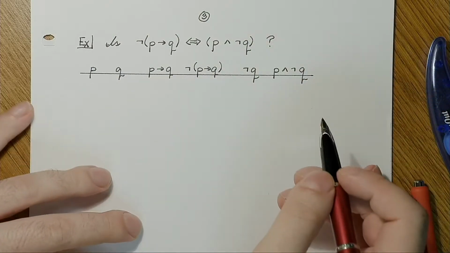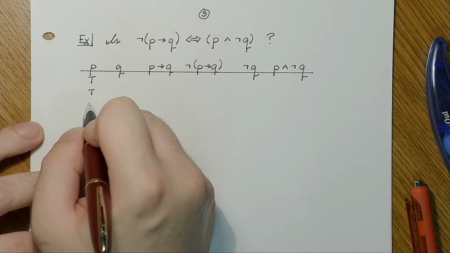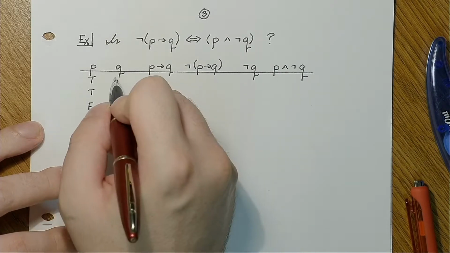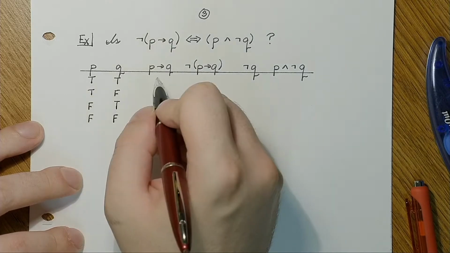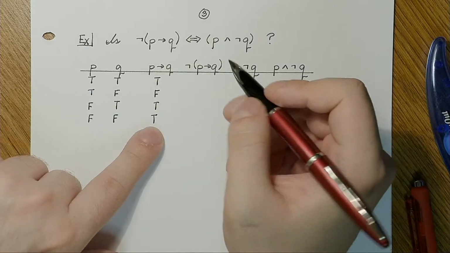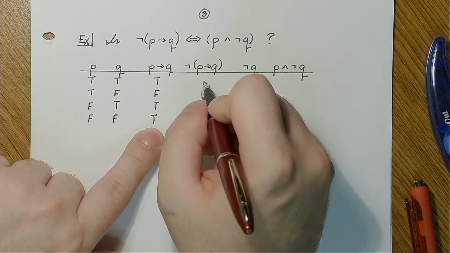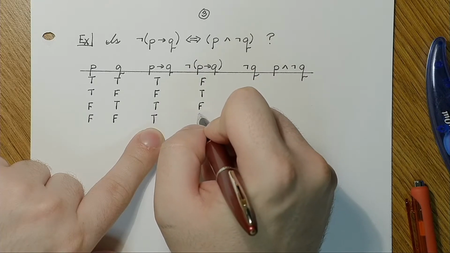Okay, so there's the implication, and now I'm just going to flip it, so I get false, true, false, false.